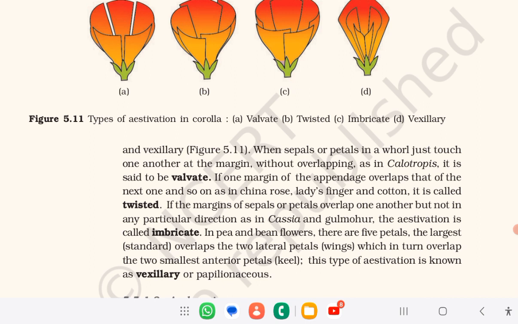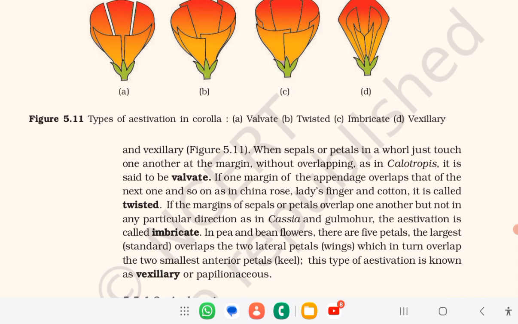If one margin of the appendage overlaps that of the next one, and so on, as in China rose, lady's finger, and cotton, it is called twisted. If the margins of sepals and petals overlap one another but not in any particular direction, as in cassia and gulmohar, the estivation is imbricate.